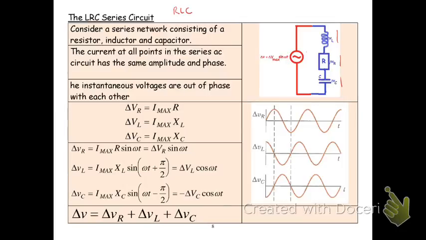But what we're going to find out is that in the physics of this, the inductor voltage leads, and I'll explain leading in a minute. The inductor voltage leads the resistor voltage, which leads the capacitor voltage. I know that sounds weird, but I'll explain it in a minute.